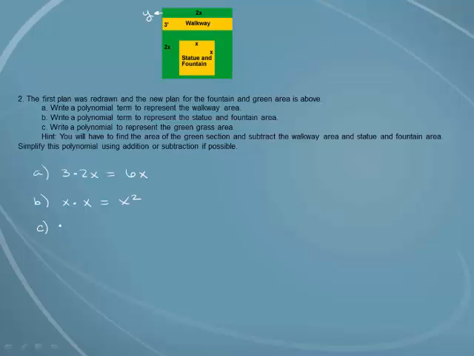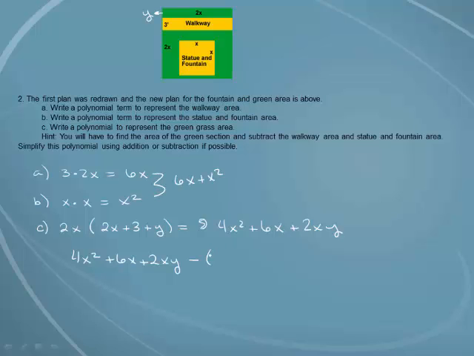The green grass is going to be 2x times 2x plus 3 plus y, which will give me 4x squared plus 6x plus 2xy. Then I'm going to take that and I'm going to subtract this area here, which will be 6x plus x squared.